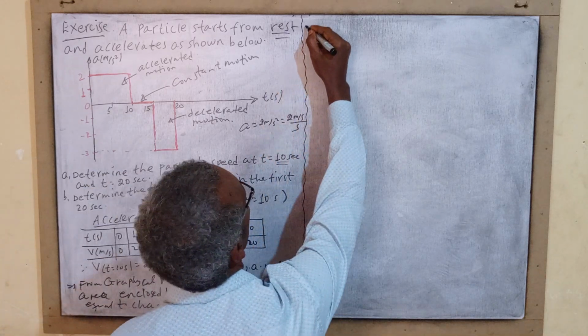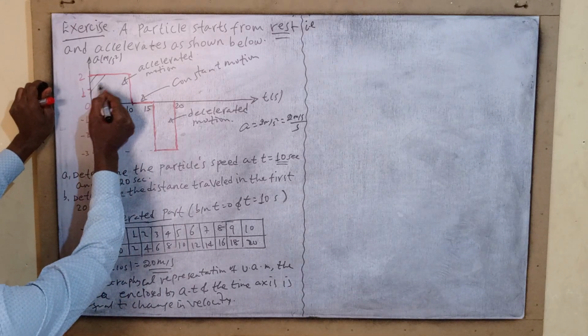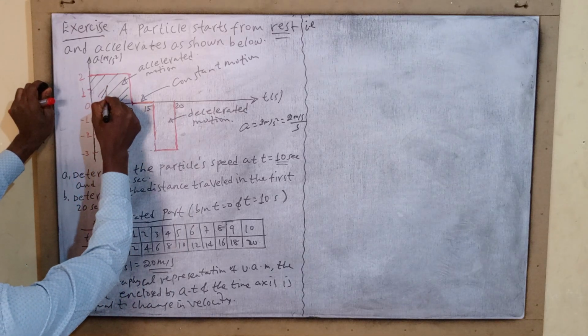That means the area under this graph, this area, that's A1.